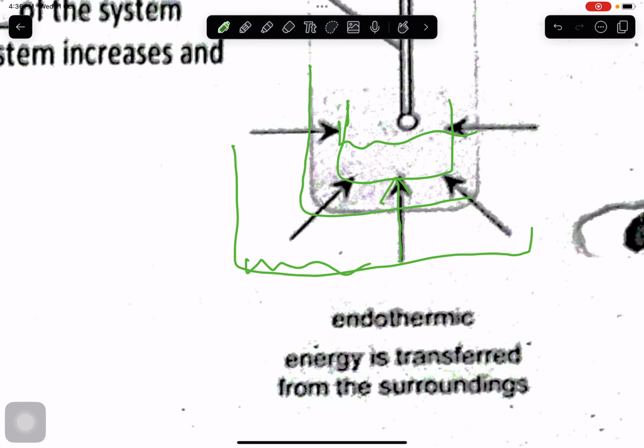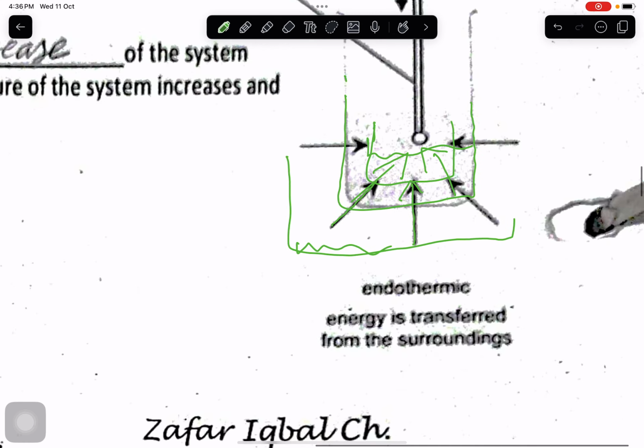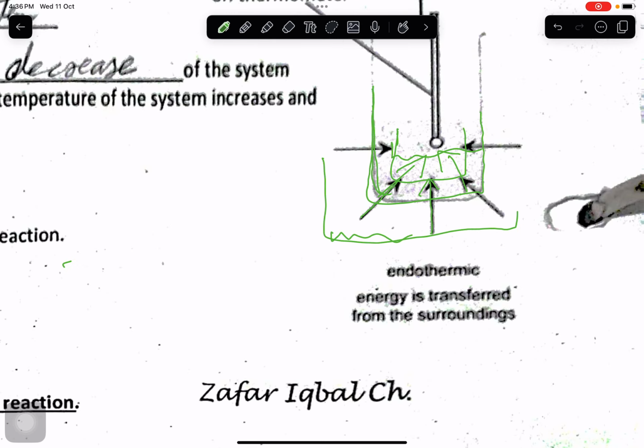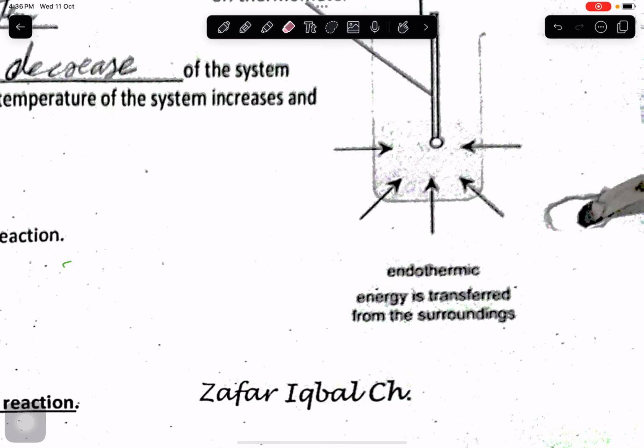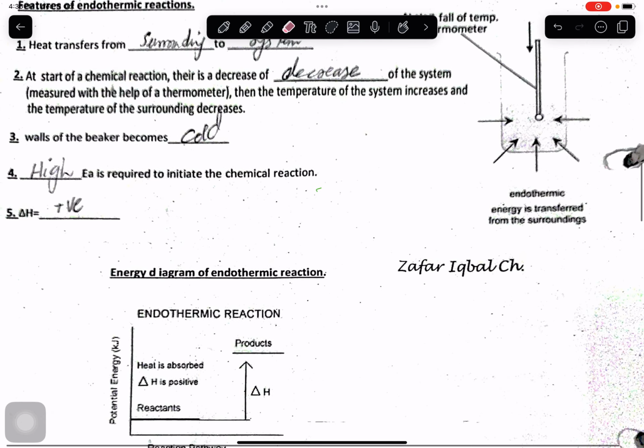When the heat comes in, these walls of the system, or you can say beaker, will become cold because the heat transfers from here into the system. And delta H is always positive for endothermic reactions.